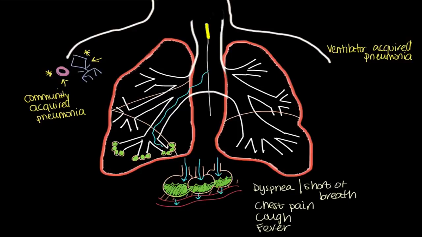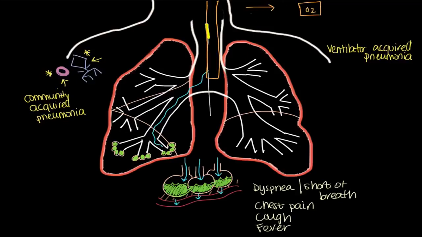Now in this orange color, let's draw in this tube. We know the tube is inserted through the mouth or through the nose, and then it's guided down into the airway. And it'll end about here. So this tube is going to be delivering oxygen to this patient. On the outside, this tube is connected to a device, and I'm going to write O2 here because we know that's doing the work of breathing for them.